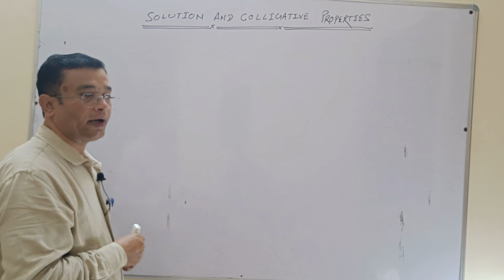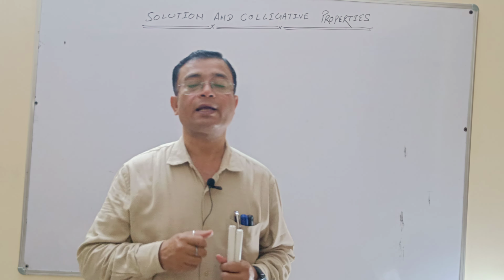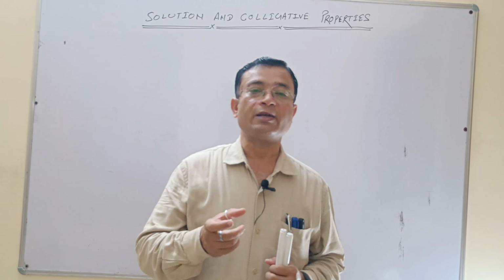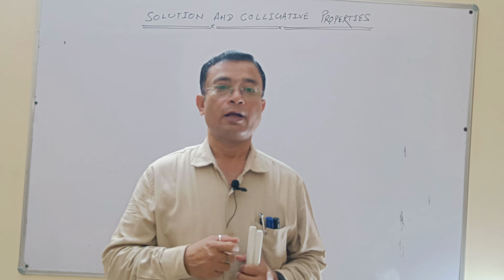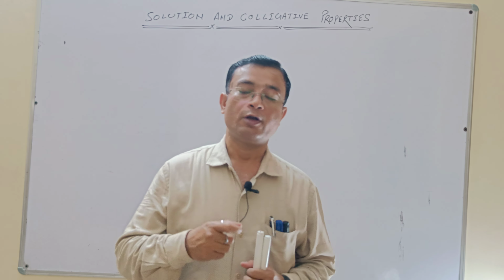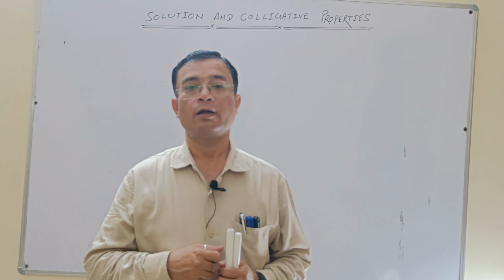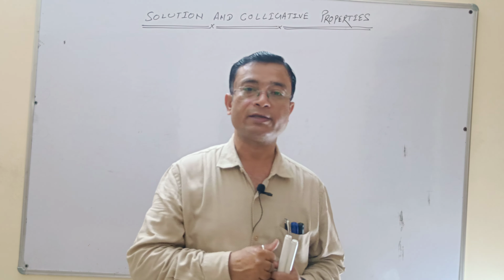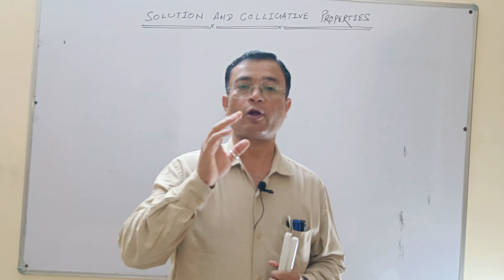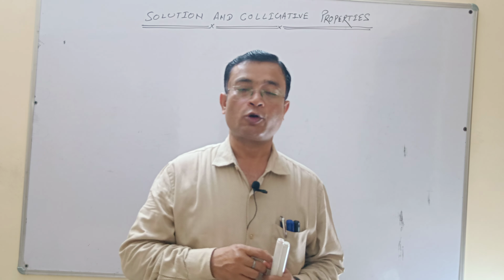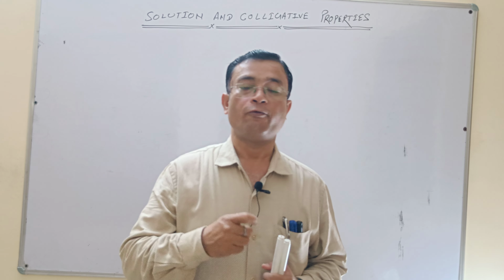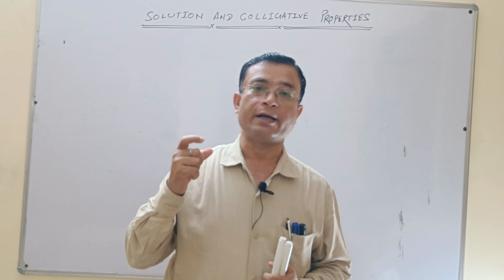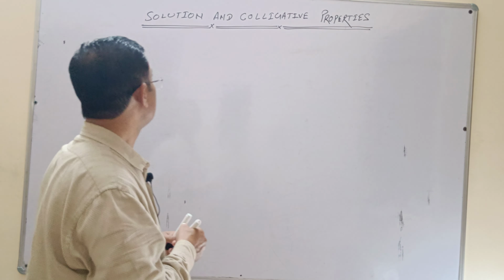This chapter includes basically liquid solutions, ideal solution, non-ideal solution, and the backbone part of this chapter is the colligative properties. There are four different types of colligative properties. So stay tuned. We are going to study this chapter.